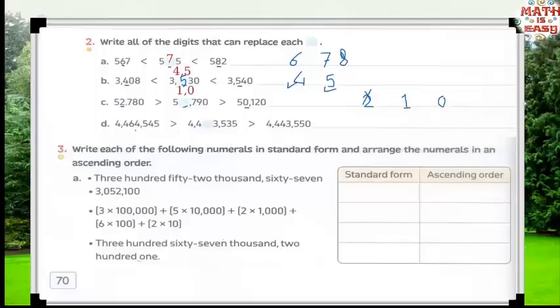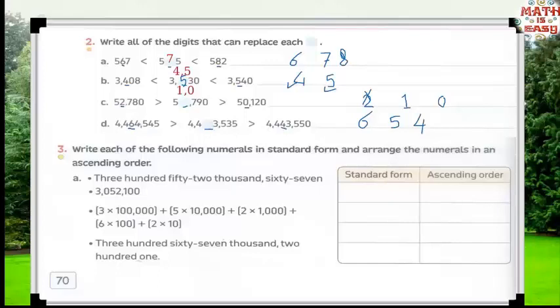Last one. In the 10,000 place, here we have 6, and here we have nothing, and here we have 4 in the 10,000 place. That means 6 and 4. Between 6 and 4 we have 5. Try to see which number is right. If we put 6 here, 6 is more than 4, yes, 3,000.